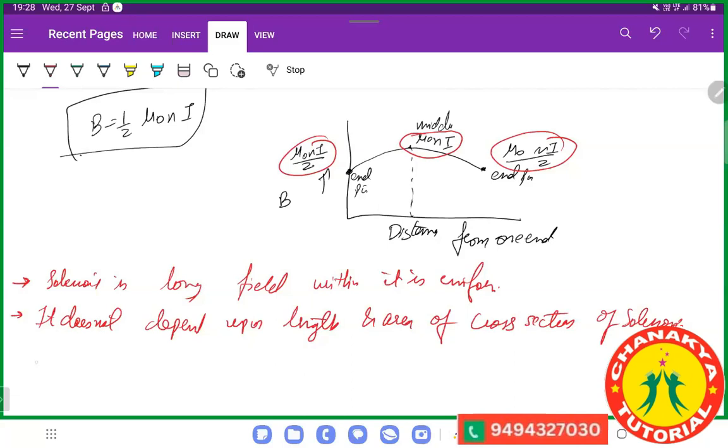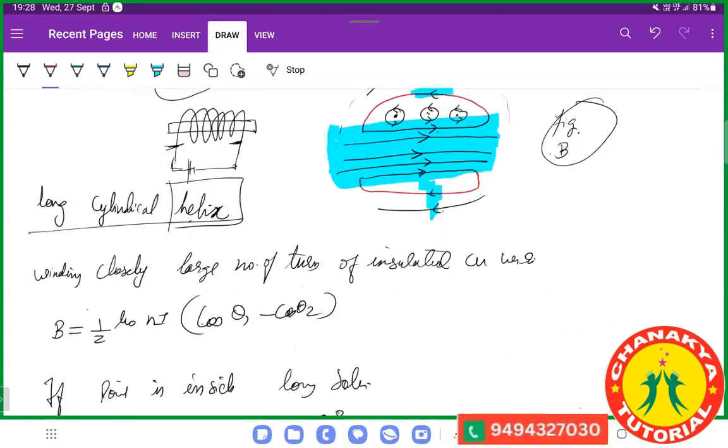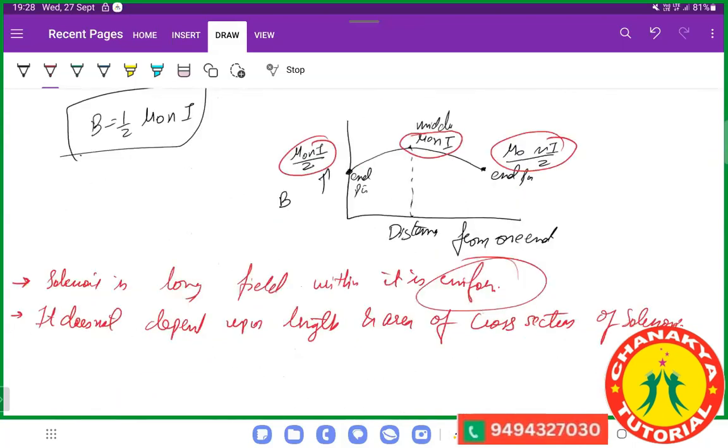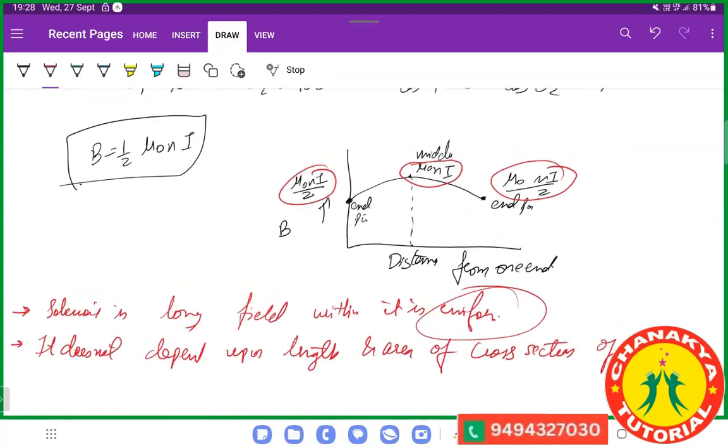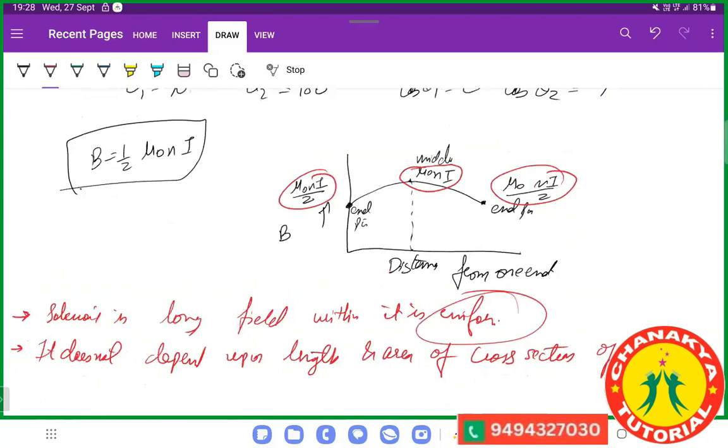It just produces a uniform magnetic field. So the field is parallel to the axis of the solenoid. Make a note of it.